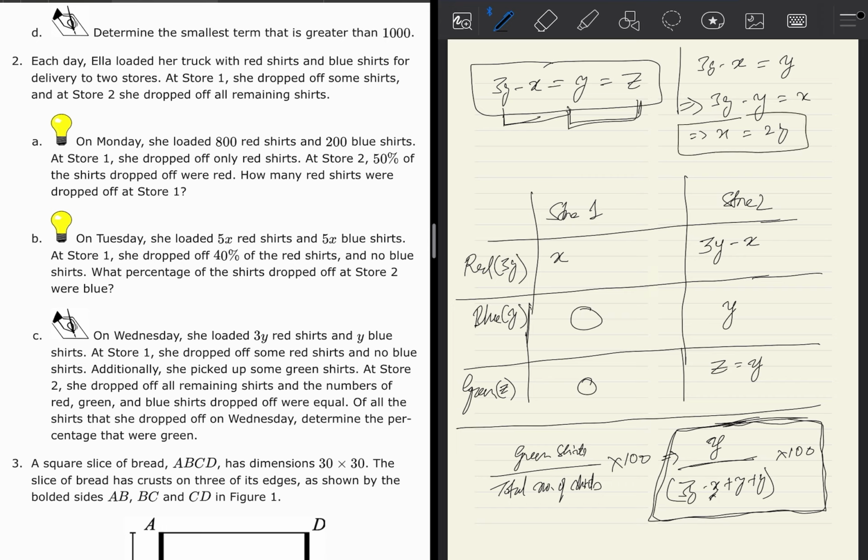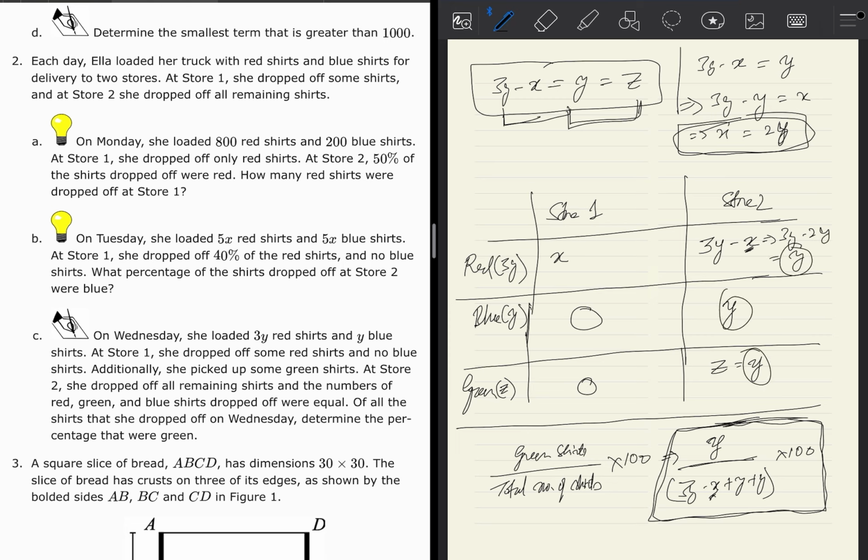It's being said that the number of red, green and blue shirts were equal. I'm actually making it too complicated. Let's just go step by step, that would be a much more systematic way to do it. Since we found that X equals 2Y, let's substitute X equals 2Y in this equation. So we have 3Y minus 2Y, which equals Y. So we have Y, Y and Y here.